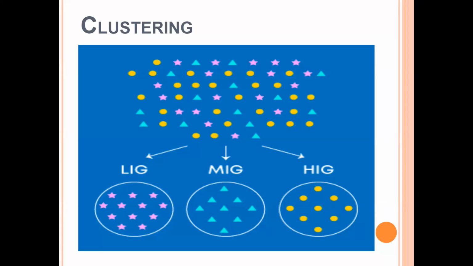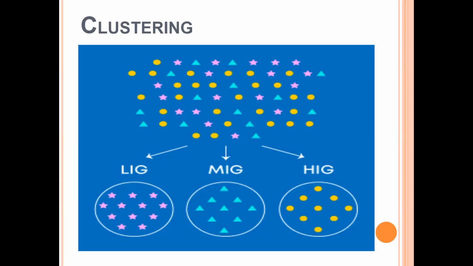Let's say that we want to segregate the customers based on their incomes, like who are having low income, who are having medium income, or who are having higher income. So accordingly, we have made three groups like LIG, that is lower income group, MIG, that is medium income group, HIG, that is high income group.